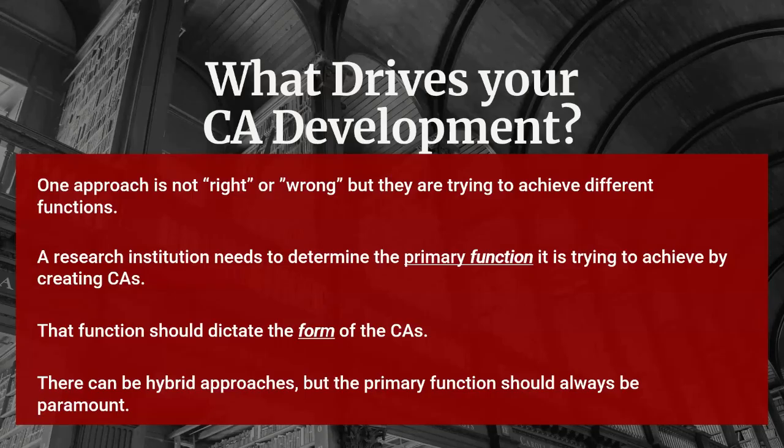So a research institution needs to determine the primary function it is trying to achieve by creating the coverage analyses. And when we say by creating the coverage analyses, now we are talking about the process of creating the coverage analysis. What is going into the end result there?